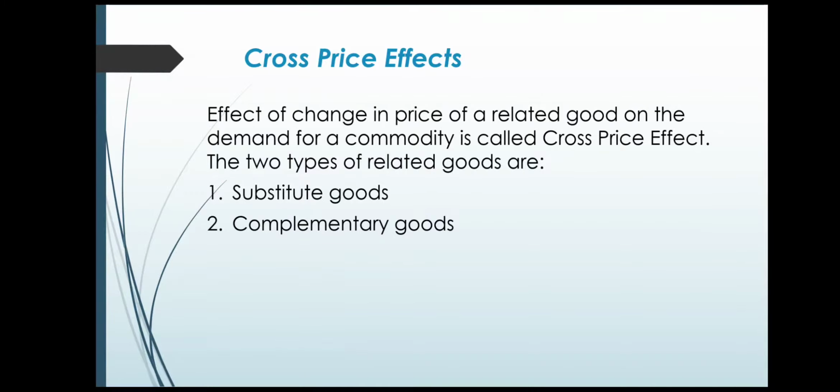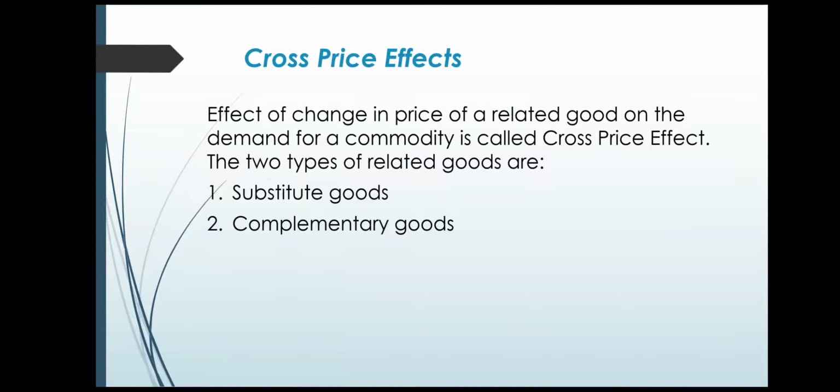This topic is quite familiar to you, and today you will learn to apply the knowledge that you had gained in the previous class. So let us begin. Effects of change in price of a related good on the demand for a commodity is called cross price effect.